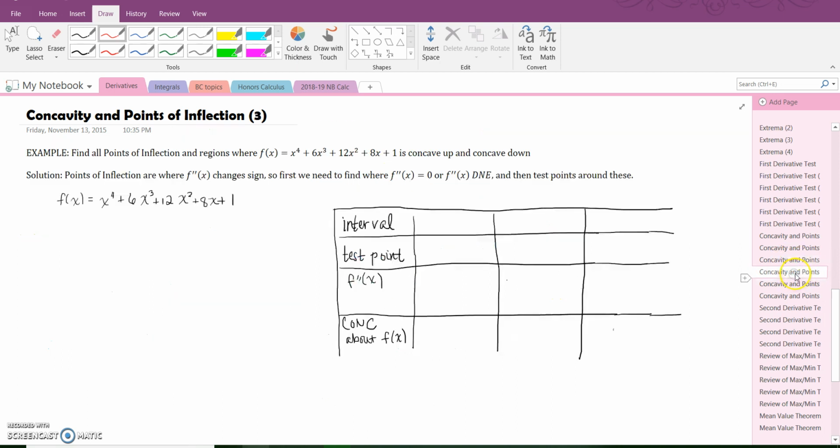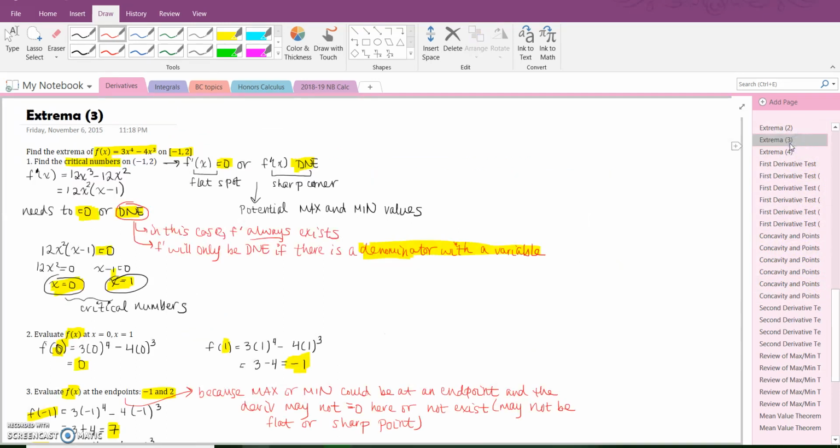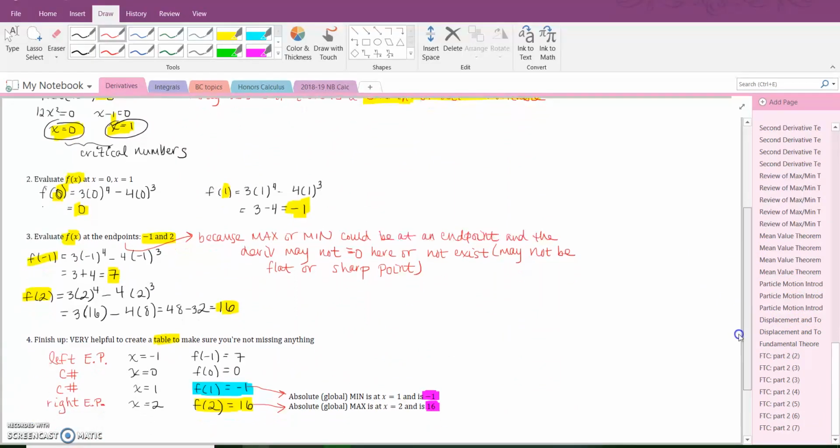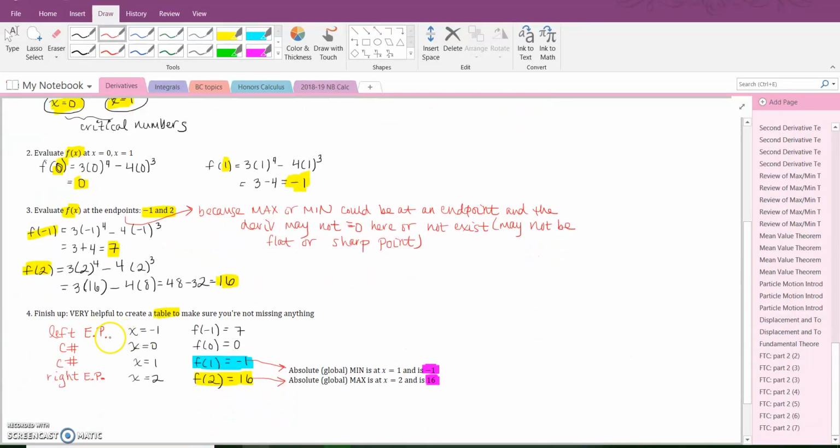All right, let's try an example here. Now, we have a lot of tables going on here. You have to keep the table straight. We did an extrema table, which is where we set the derivative equal to 0 or dne. And once we had those critical numbers, we plugged them into the original function, and you just looked at the y values.